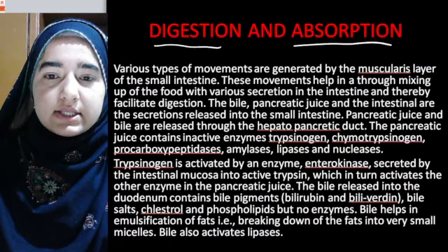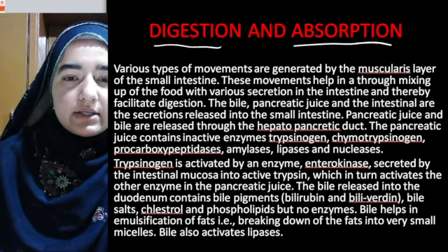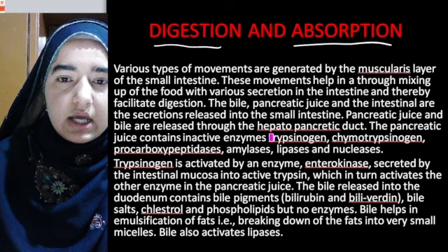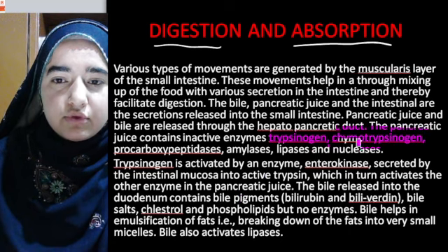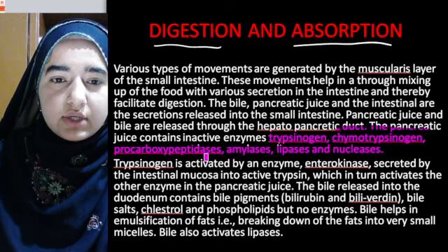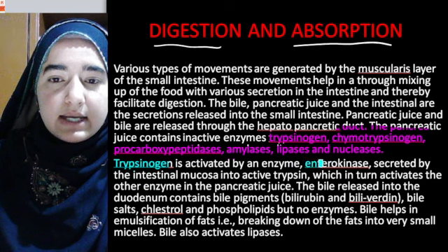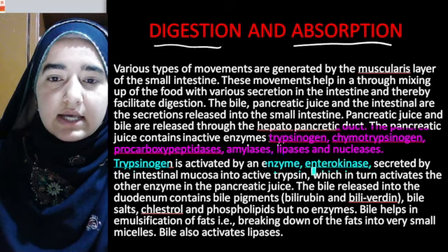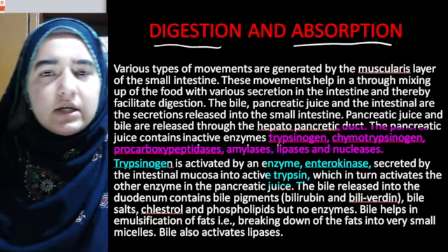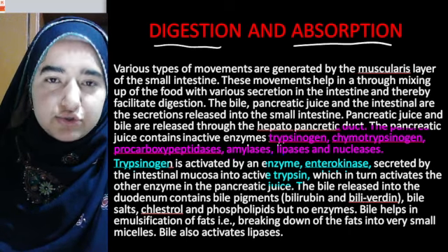I hope this concept is clear. Other enzymes are also present in pancreatic juice: trypsinogen, chymotrypsinogen, procarboxypeptidase, amylases, lipases, nucleases. Trypsinogen is activated by enterokinase into active trypsin, and trypsin in turn activates other enzymes present in pancreatic juice.